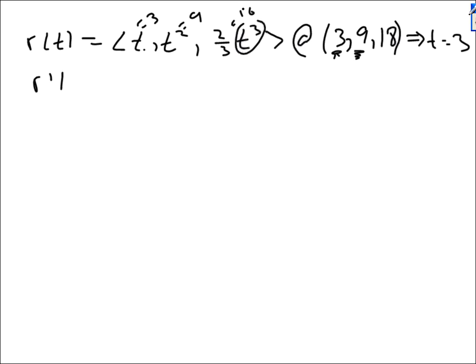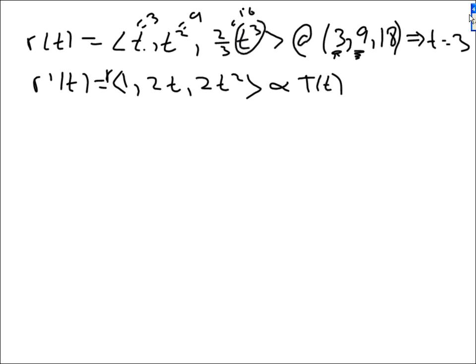So r prime of t is 1, 2t, 2t squared. So basically, this is proportional to t of t. It's proportional to it. Maybe there's some number k there, but I don't care about the k.